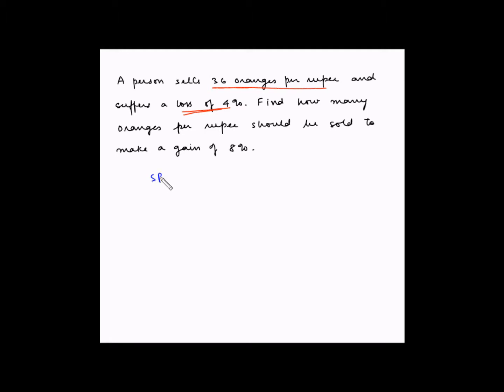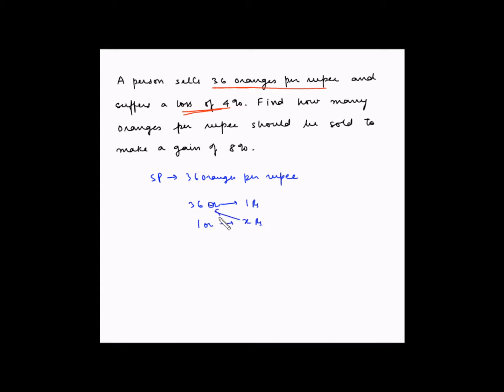So selling price is given as 36 oranges per rupee. So that means 36 oranges is for 1 rupee. So 1 orange is for, say, X rupees.